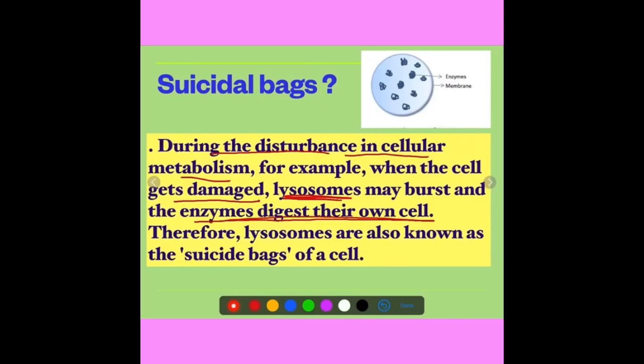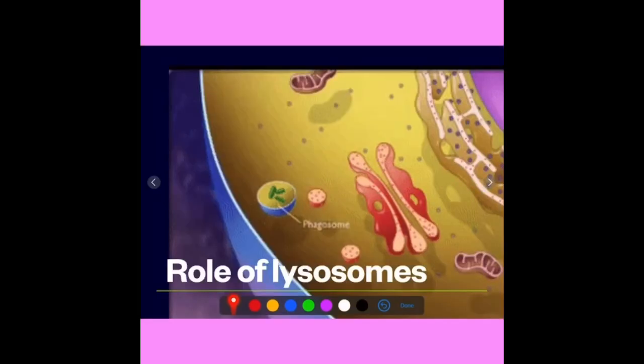So if this lysosome breaks inside the cell, it can digest its own cell. So what will happen to the cell? Of course, the cell is going to die. That is why we can call these lysosomes suicidal bags. This is an accidental condition for a cell, where it can perform suicide.